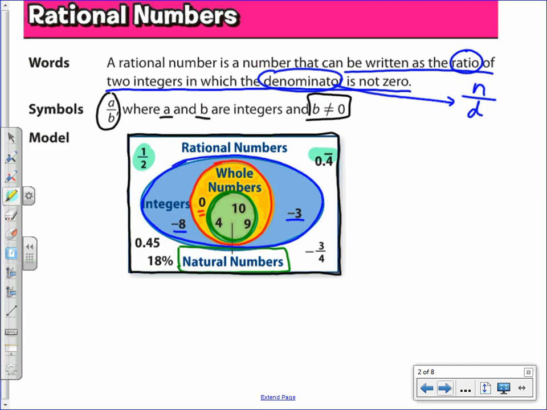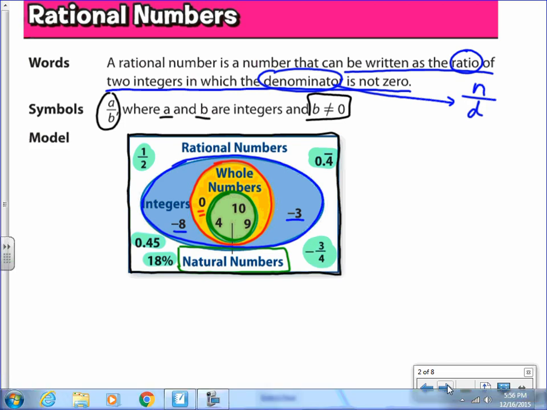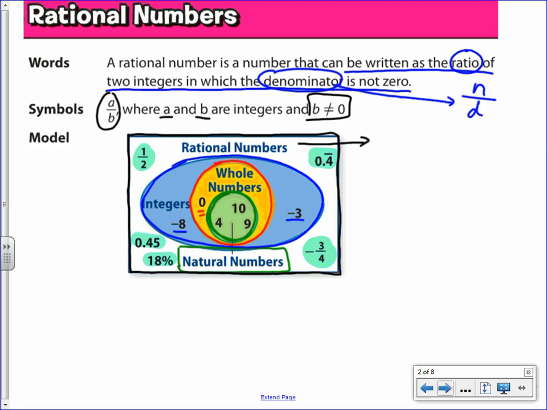We have a repeating decimal, 0.4, and the 4 is going to repeat. I have a decimal, 0.45, or 45 hundredths. I have a percent, 0.18, or 18 hundredths. And I have a negative fraction, -3/4. So rational numbers include lots of kinds of numbers.